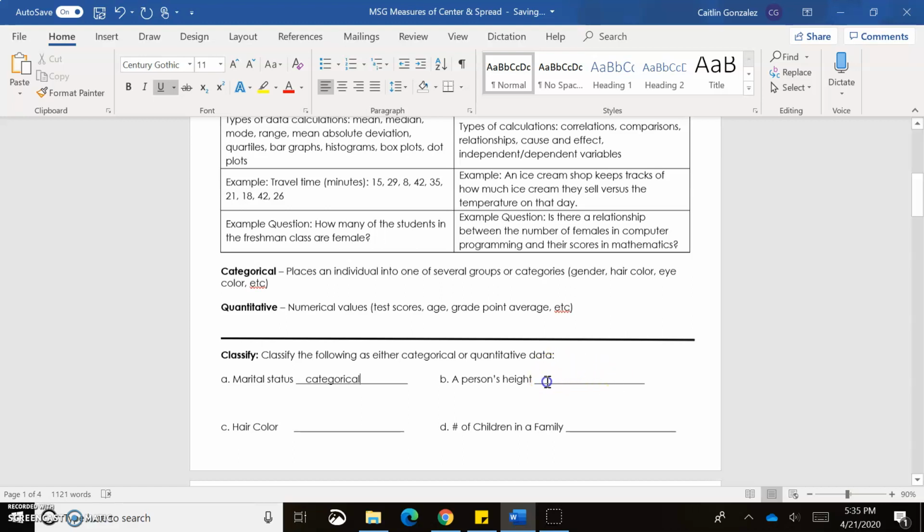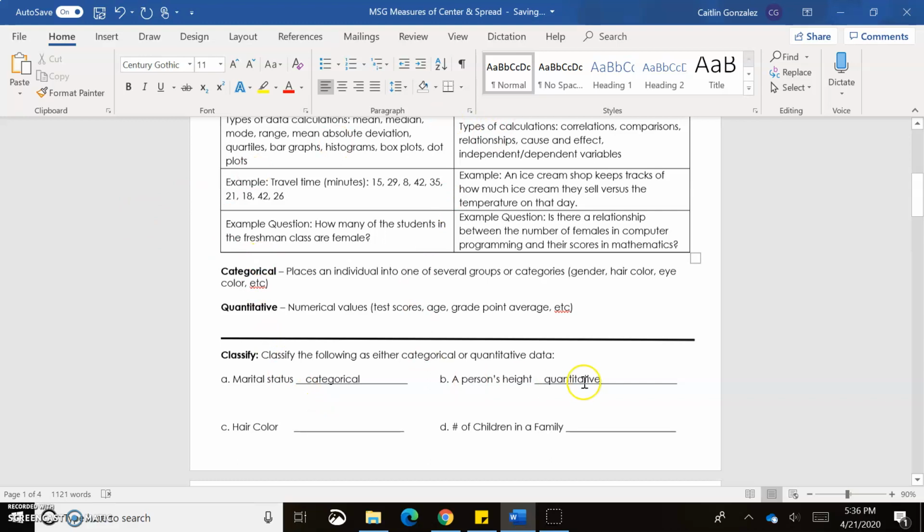We can't take the mean of marriage status. A person's height. Okay, well, that's going to be a number, so that's going to be quantitative. Again, we could find the mean height of people in a building.